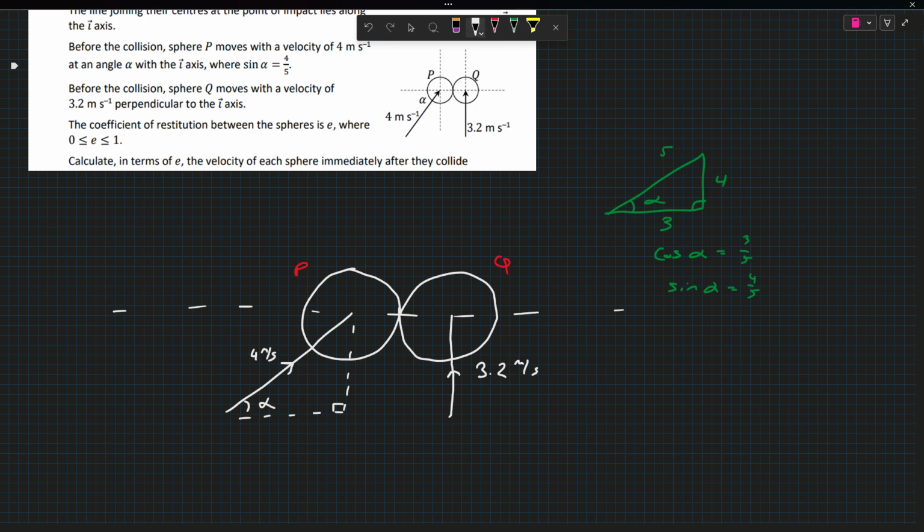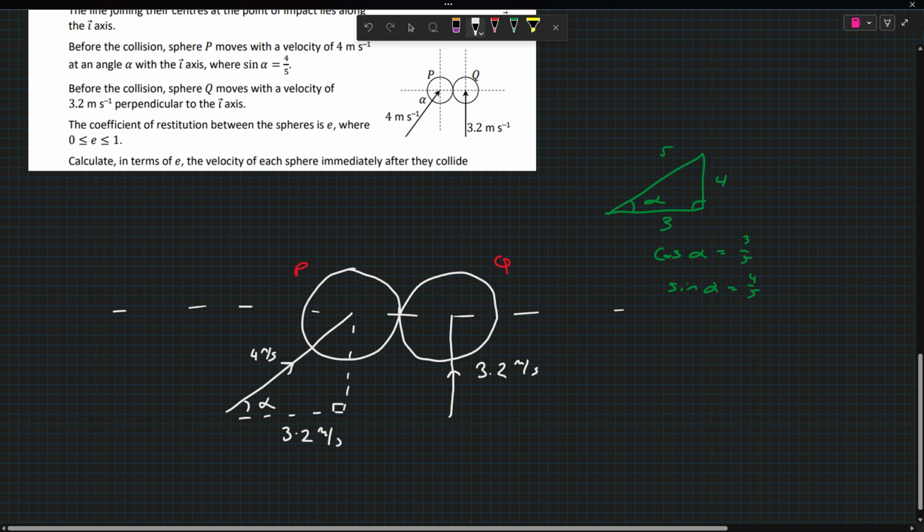So 4 times 4/5 is 3.2. And 4 times 3/5, oops, wrong way around. So this one should actually be the bottom, so that's 2.4, and this is 3.2.